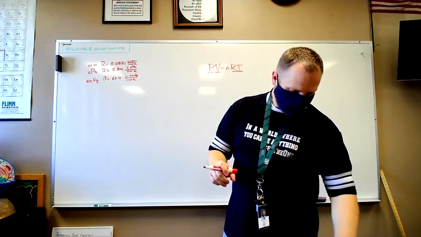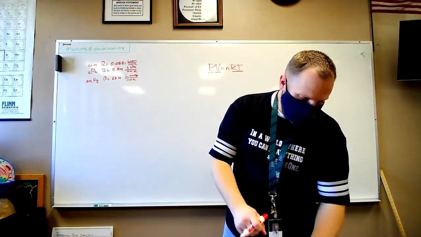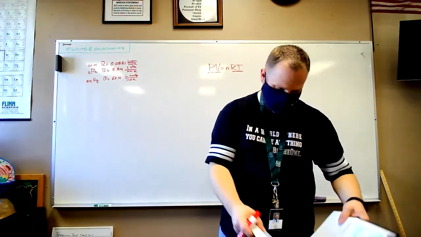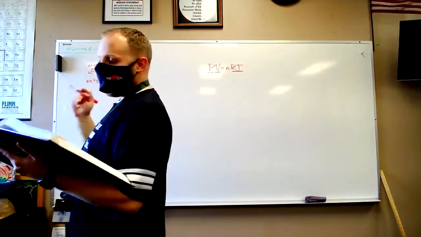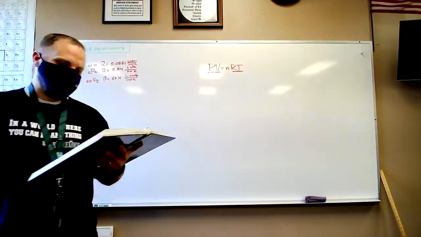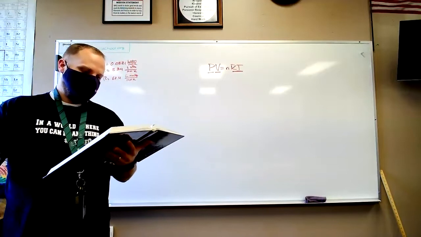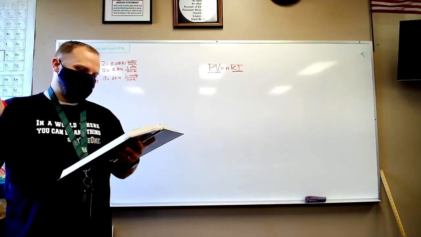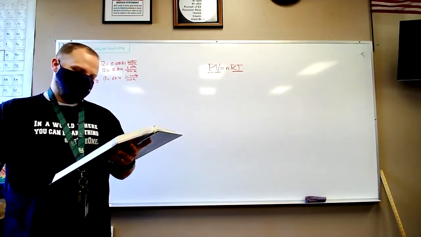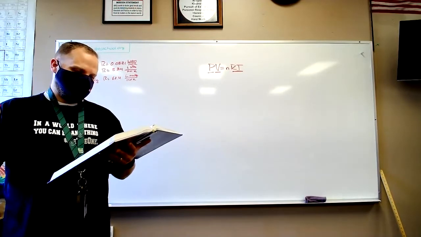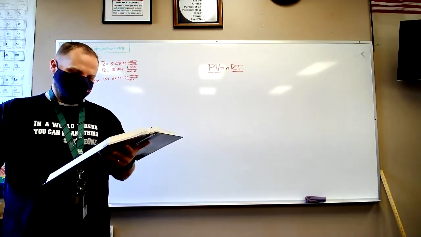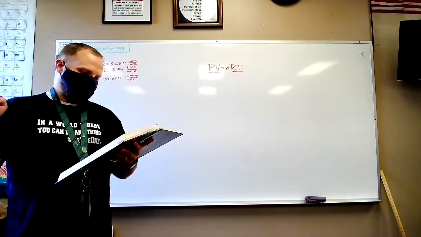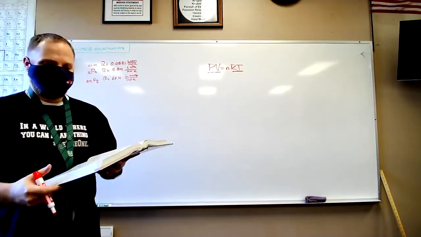Example problem 6. Calculate the number of moles of ammonia contained in a 3.0 liter vessel at 3 times 10 to the second Kelvin with a pressure of 1.50 atmosphere.